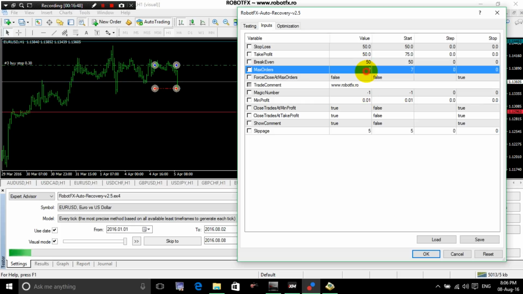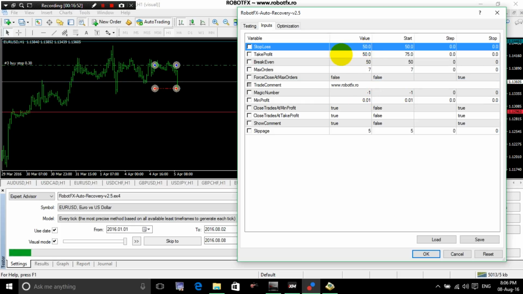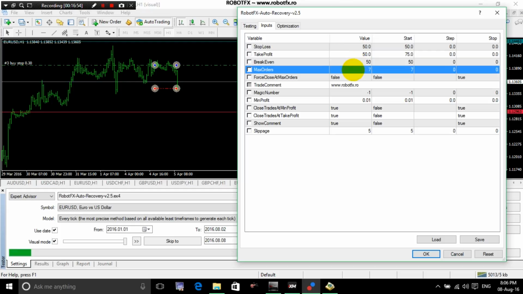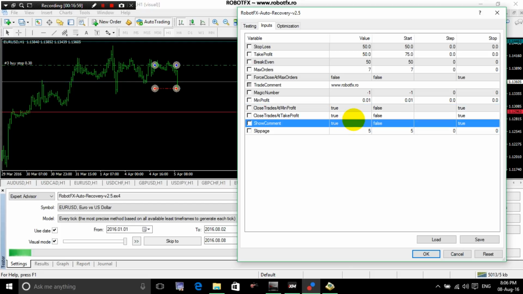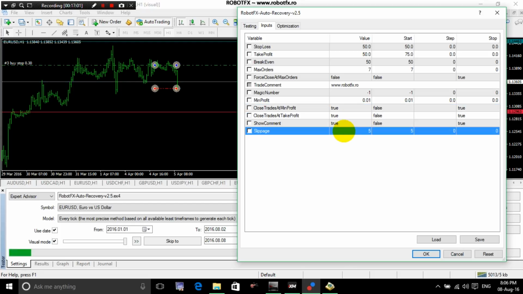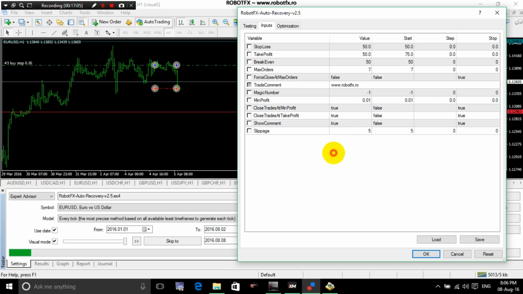You shouldn't set this to a very high number, and all these settings, stop loss, take profit, break even, maximum order, minimum profit, close trades and make profit, you must run some testing in the strategy tester and on a demo account a lot until you find the proper settings for your trading style, your time frame, your pair.